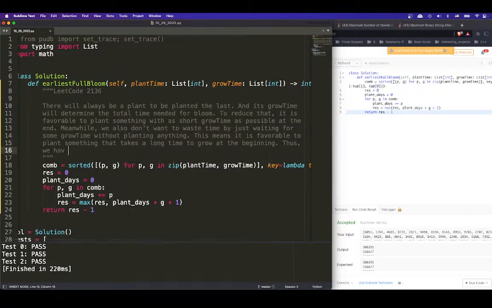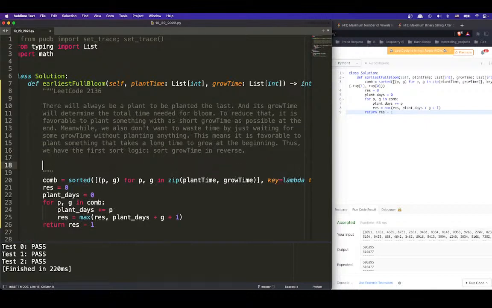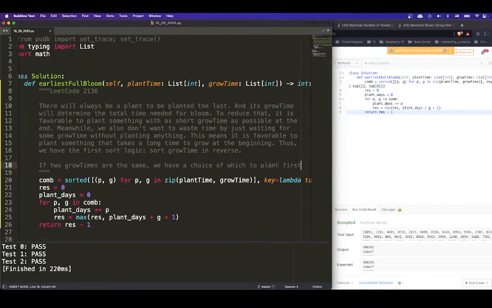Thus, we have the first sort logic. Sort grow time in reverse. If two grow times are the same, we have a choice of which to plant first.